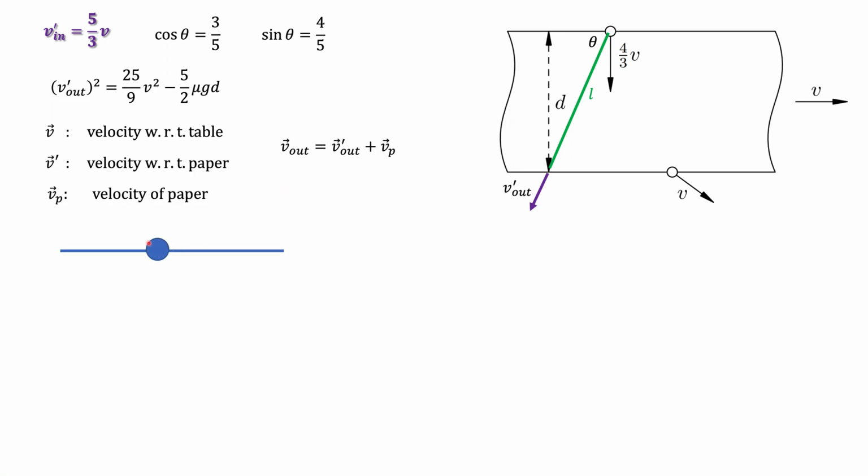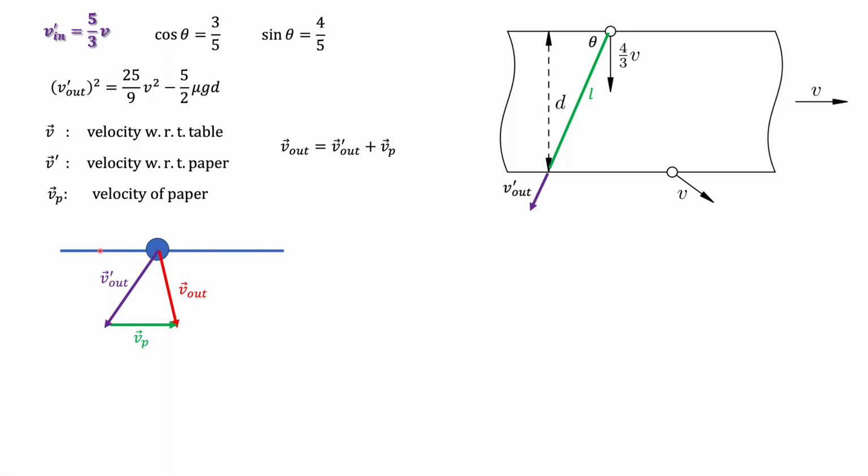Again, let's consider a coin and a boundary of the paper. In this case, it's a bottom boundary. We have V prime out, this guy, velocity with respect to the paper. We also have velocity of the paper. And now we need to add these two vectors to get velocity with respect to the table.